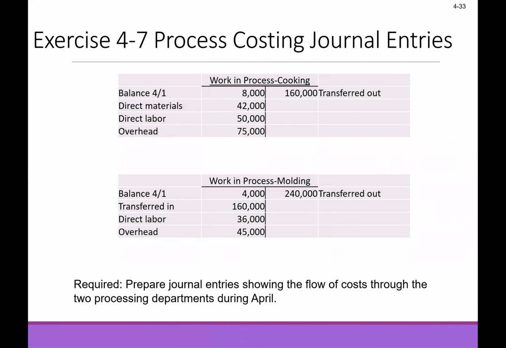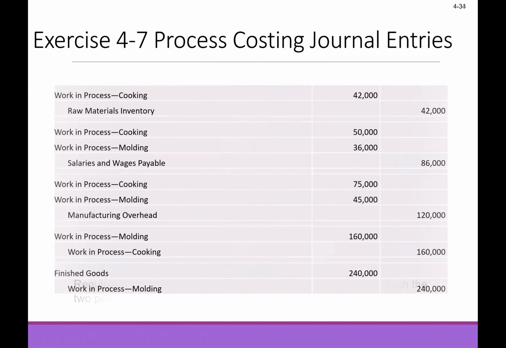So what you said is exactly correct. We're going to debit our work in process for cooking, and we're going to credit out the raw material inventory because that's coming out of the raw materials. It's going into that department, cooking. The next thing we'll do, let's just take cooking right now.